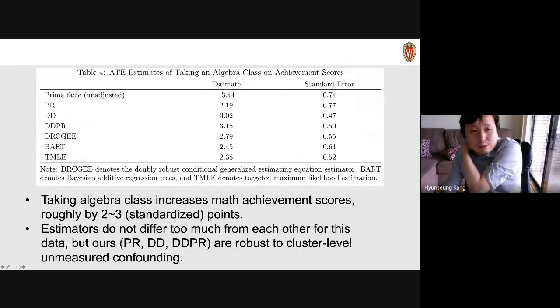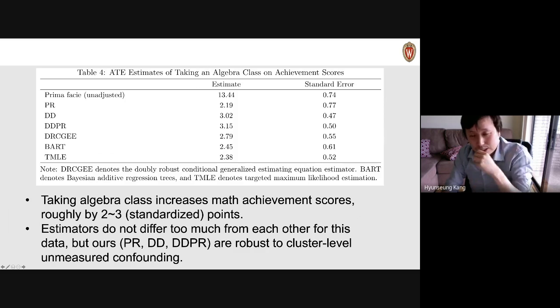And indeed, if you just do the difference in means, you get that the treatment effect is ginormous. And once you adjust for confounding, our estimates say that there is indeed a causal effect and it's significant. Surprisingly, the BART and TMLE and DRCGE also say that there is a treatment effect and the magnitude is similar between the two.